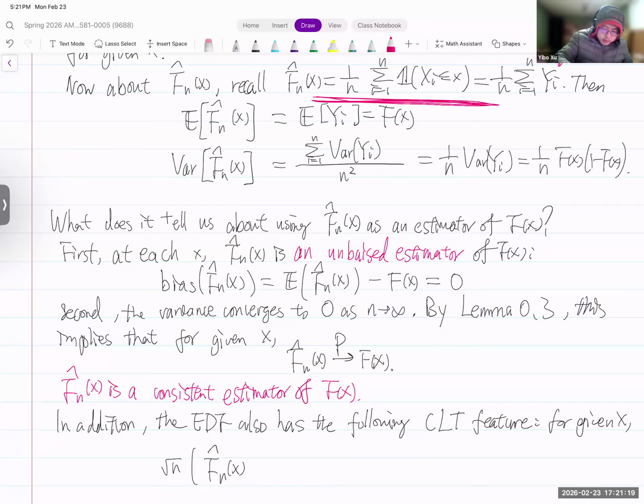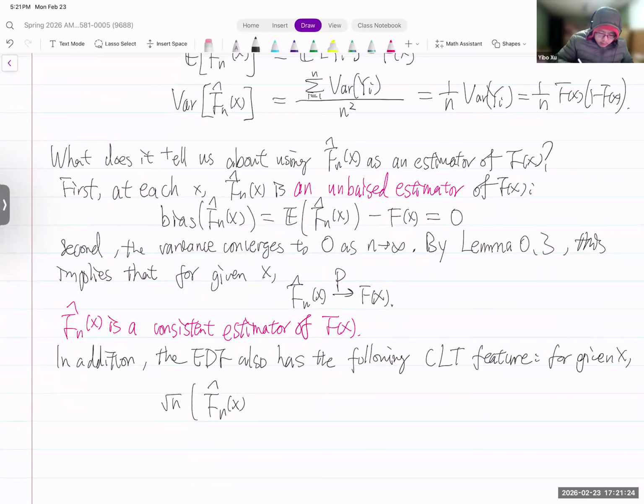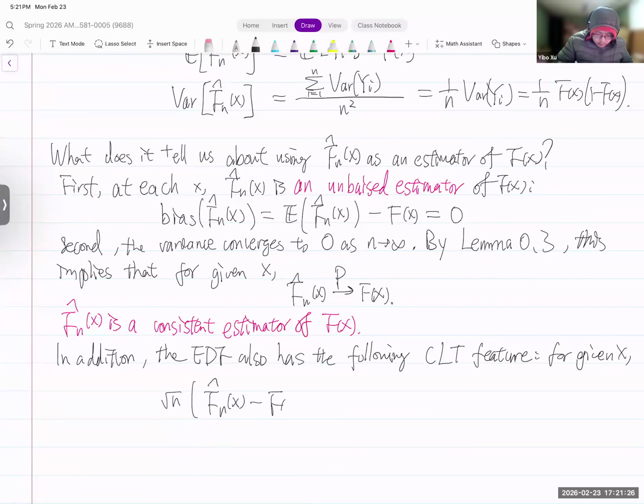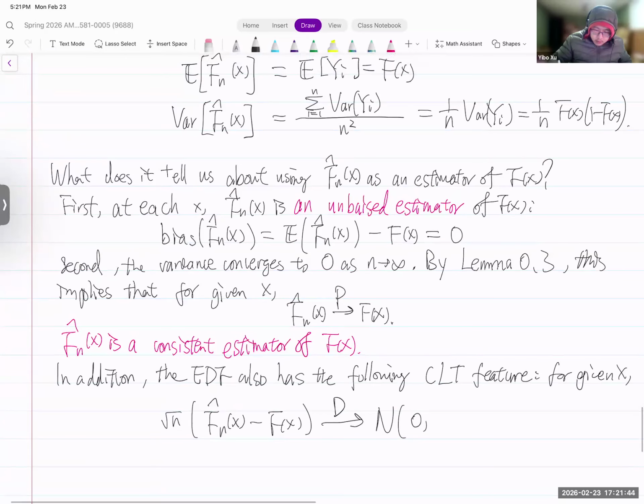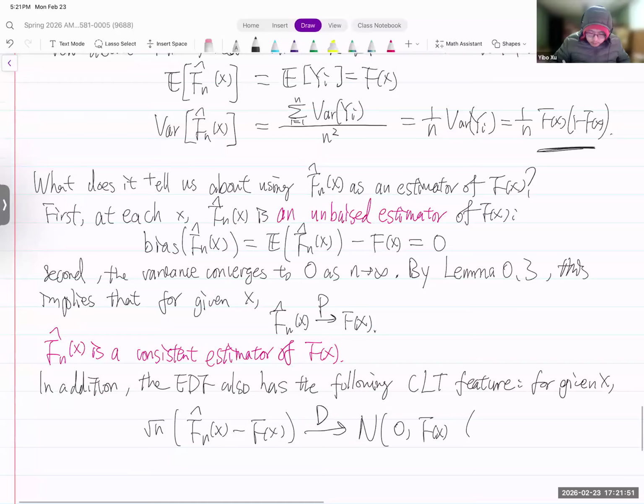Okay, the sample average follows the central limit theorem: minus the true mean multiplying by square root of n actually converges in distribution to the normal with the zero mean, and now the variance actually goes from here, okay, for each random variable.